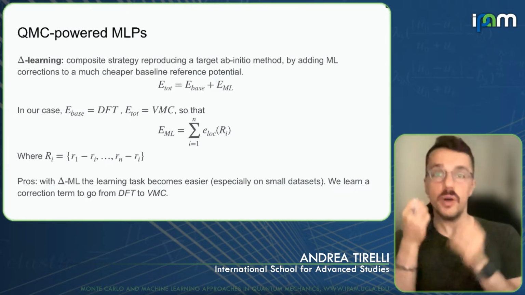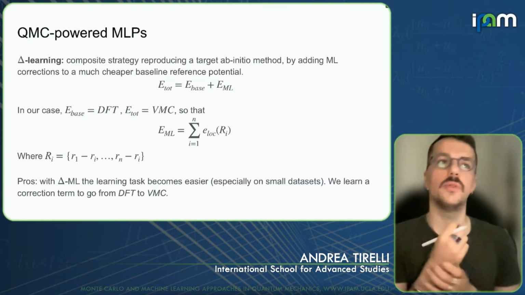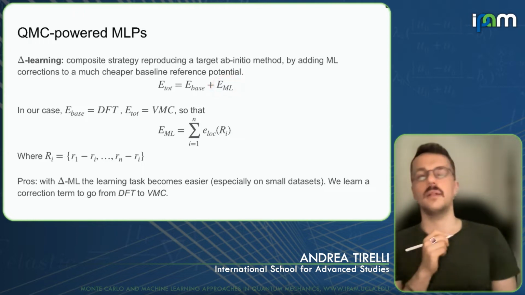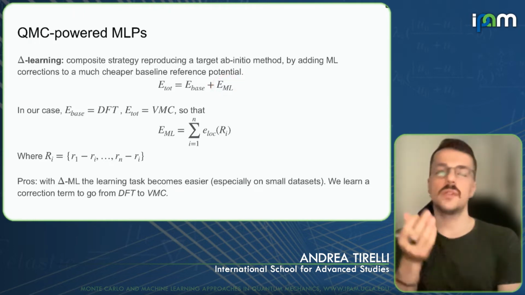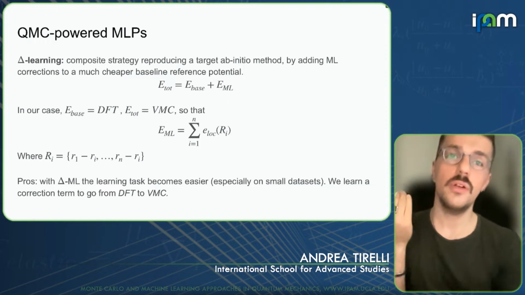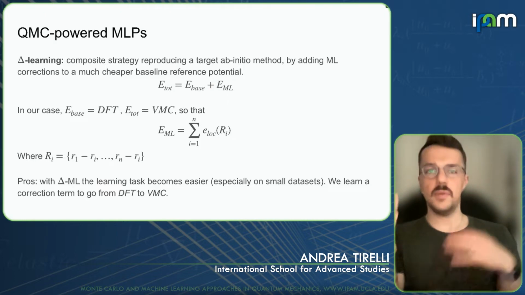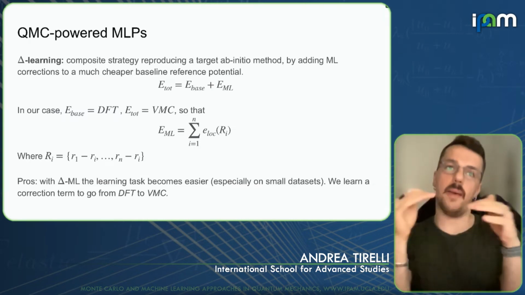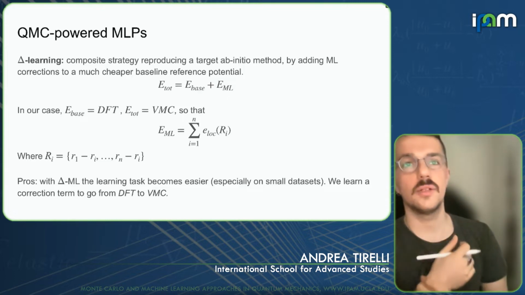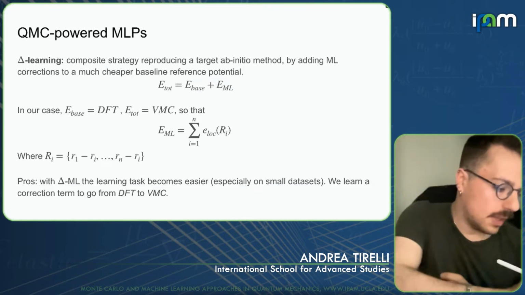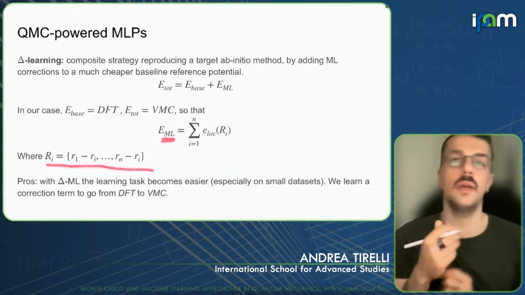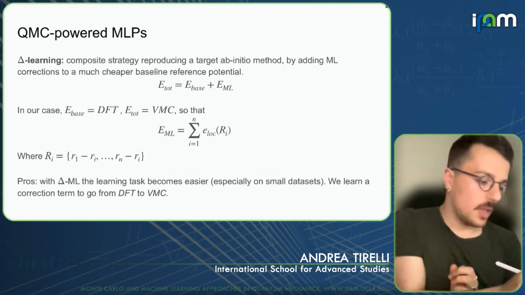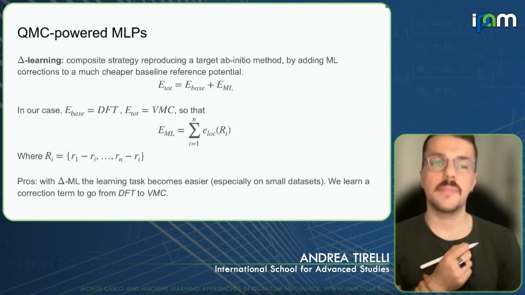And so where does machine learning come into the picture here? Well, it comes into the E_ML part of this decomposition. The idea is that we use machine learning to learn a correction that enables us to go from the baseline method to the target method. And again, as I stated before, this E_ML is decomposed as per the BP approach and depends only on local environments.